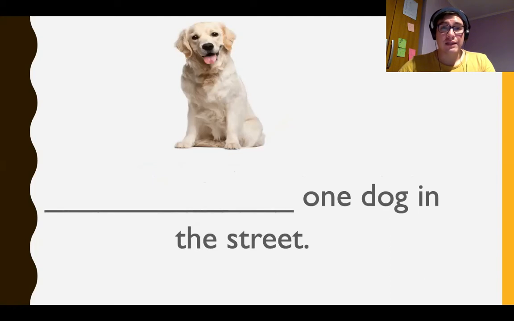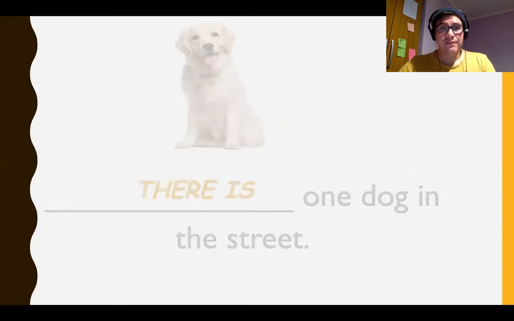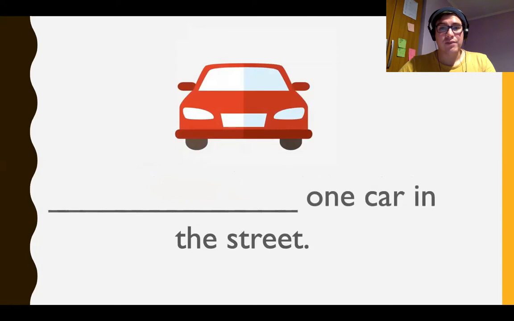How should we complete this sentence? There is one dog in the street. How about here? One car in the street. How should we complete it? There is one car in the street.